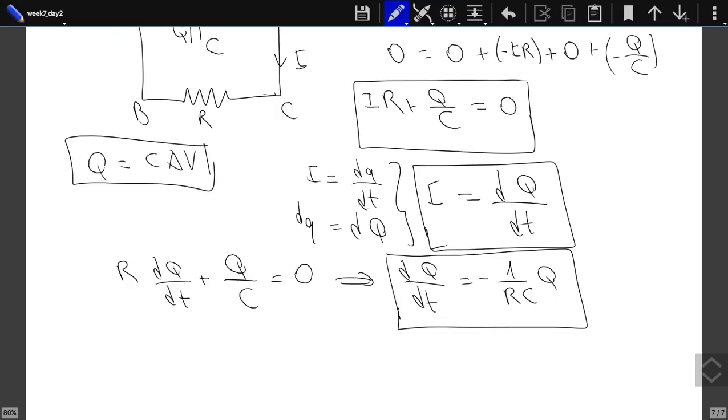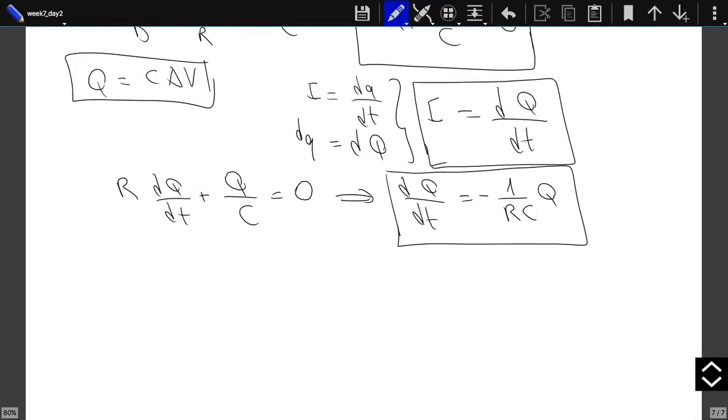Now the question is, what is Q? If you look at this equation, it should be such a function that when you take its derivative, it should be proportional to itself. So that is the property of this Q as a function of time.